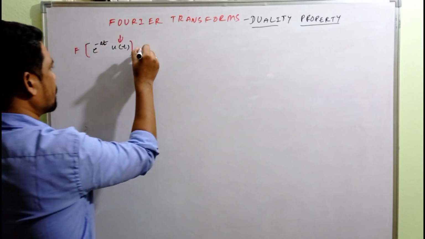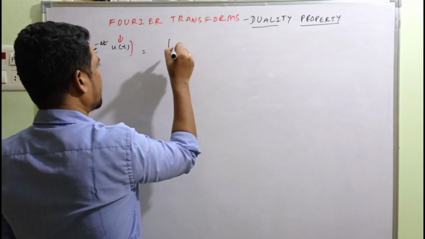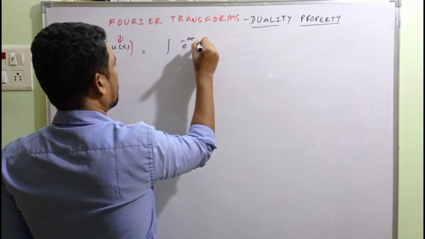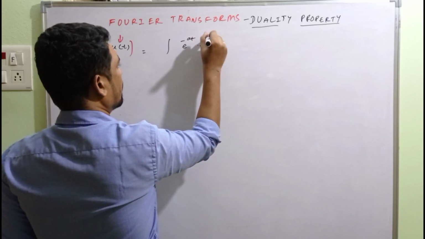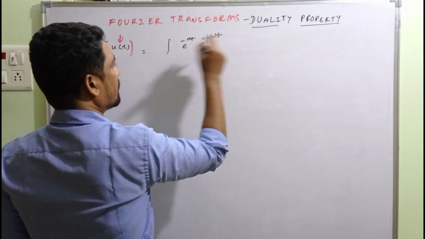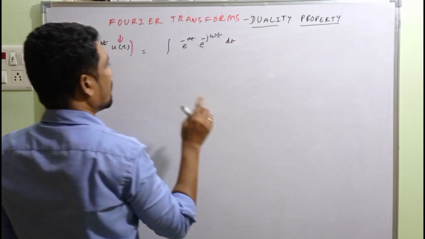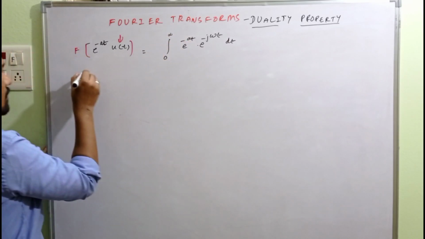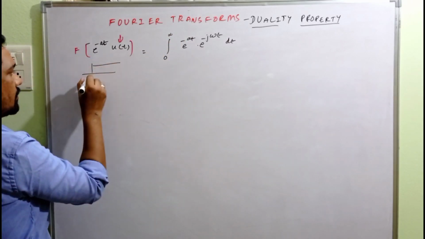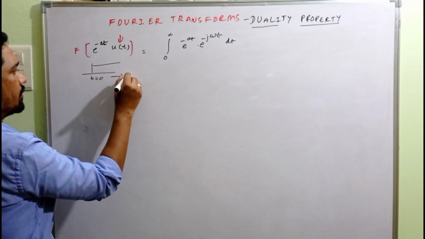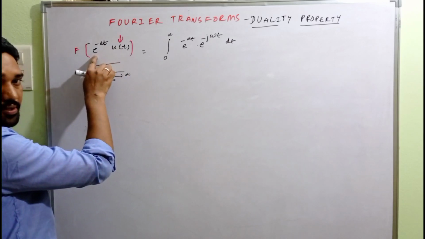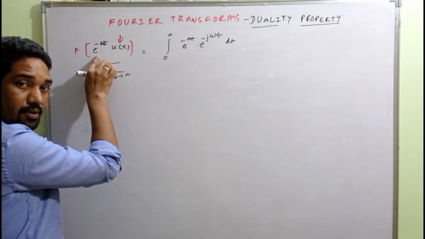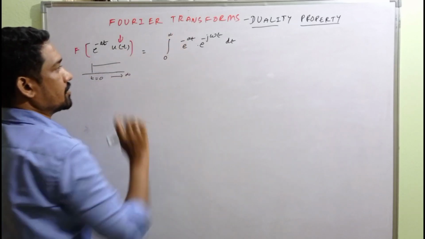The Fourier transform should be integral of e raised to minus a t into e raised to minus j omega t, integrated with respect to t. But because u of t is a step function extending from t equal to 0 to infinity, this signal will exist from 0 to infinity only.